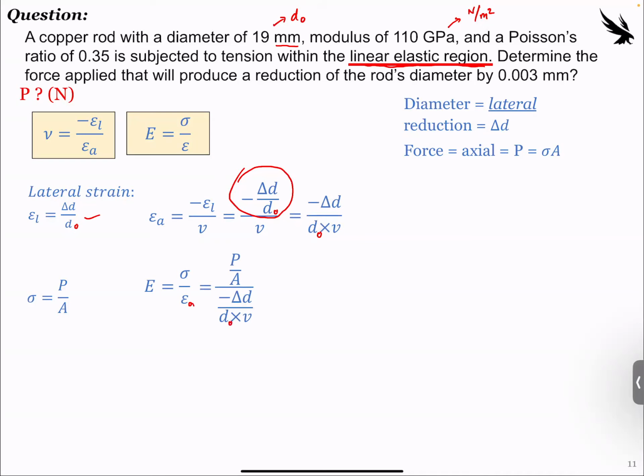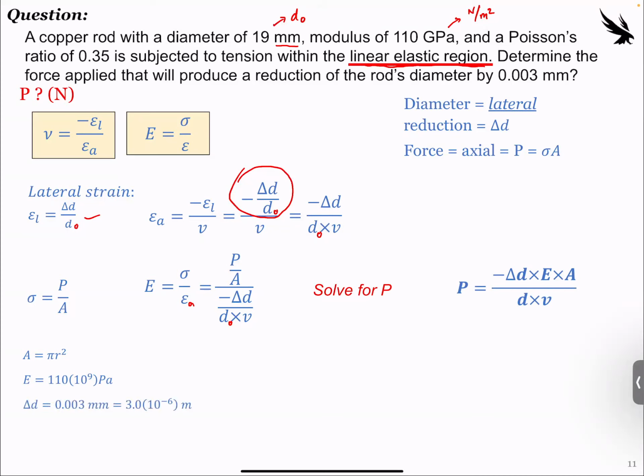All we now need to do is move this equation around and solve for P. It looks kind of gnarly, and those X's are just multiplication, but we're given everything we need. We can find the area because we're given the diameter and we know it's a rod. We're given the Young's modulus of 110 gigapascals, so giga is times 10 to the 9.